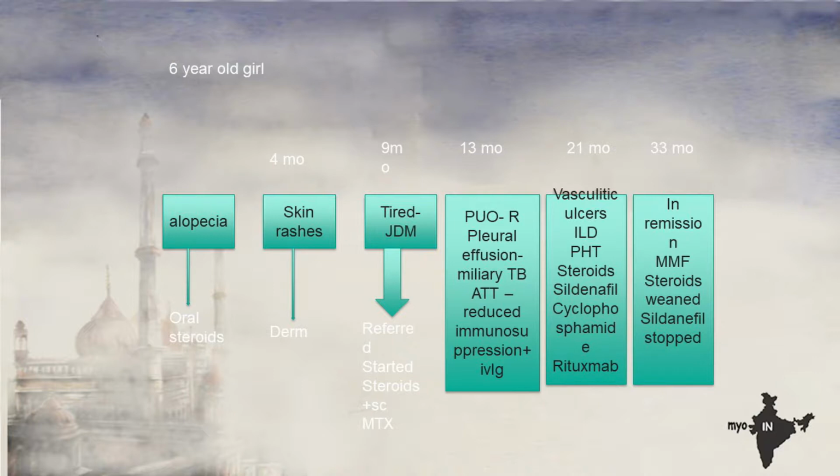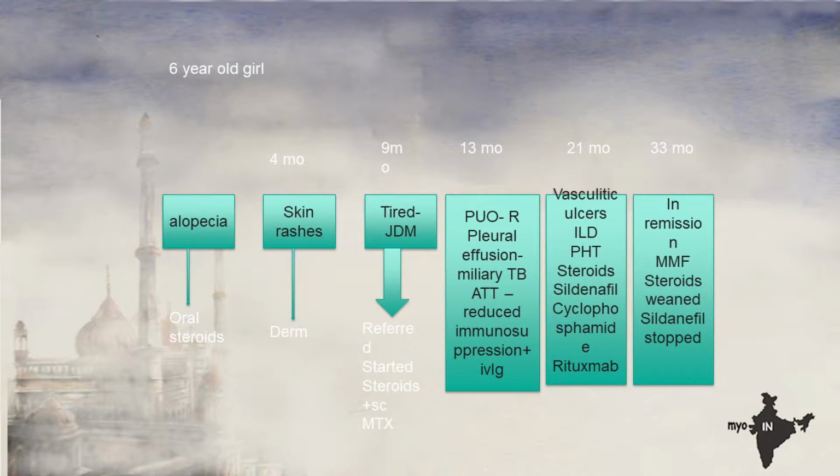And so she was started treatment for that with some reduction in her immunosuppression. However, when she recovered from the TB, she went into a full-blown, again, JDM with pulmonary involvement. Now she had ILD, she had skin ulcers, she had pulmonary hypertension, and she required, again, high-dose steroids, cyclophosphamide, sildenafil, and rituximab, in addition to home oxygen.